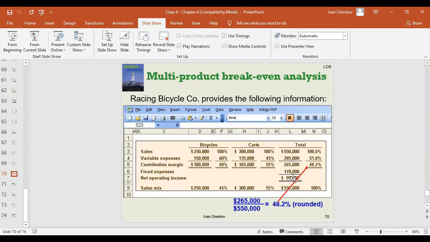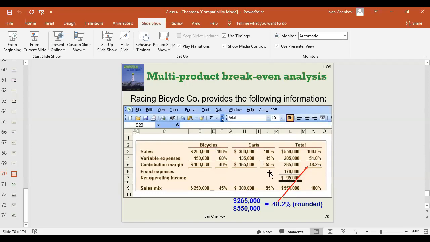Once we get the contribution margin ratio for the total sales and we know the total fixed cost, can we get the total sales that we need to break even? Yes. Once we get the total sales, and now we know the percentage of the bicycle and the percentage of the carts, do we know how much sales we need to generate from the bicycle and how much from the carts?